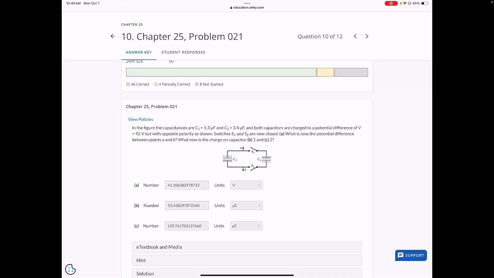So even though it looks like they're in series, when you close those switches, physically, because both plates are the same sign, they're actually connected in parallel. So you add them together as if they're in parallel and go with it.